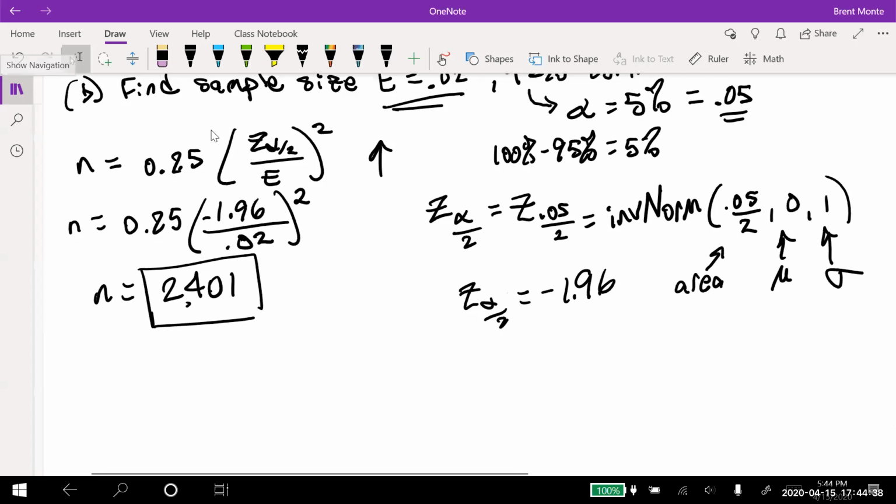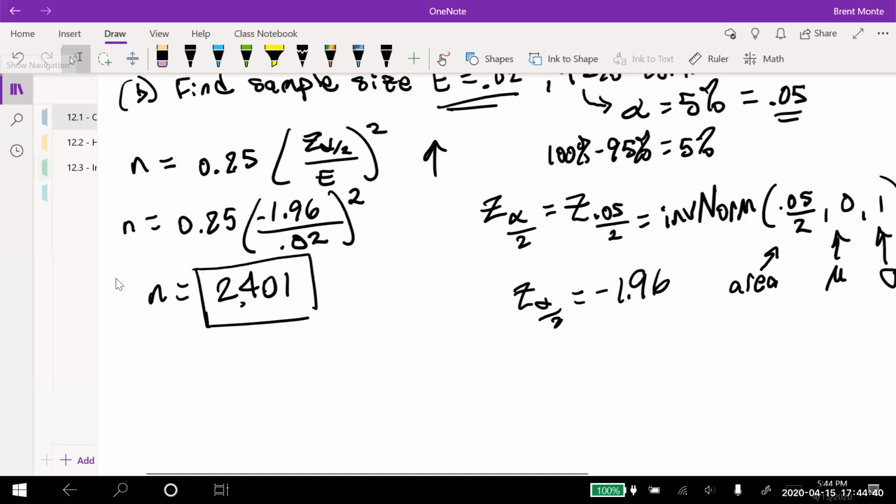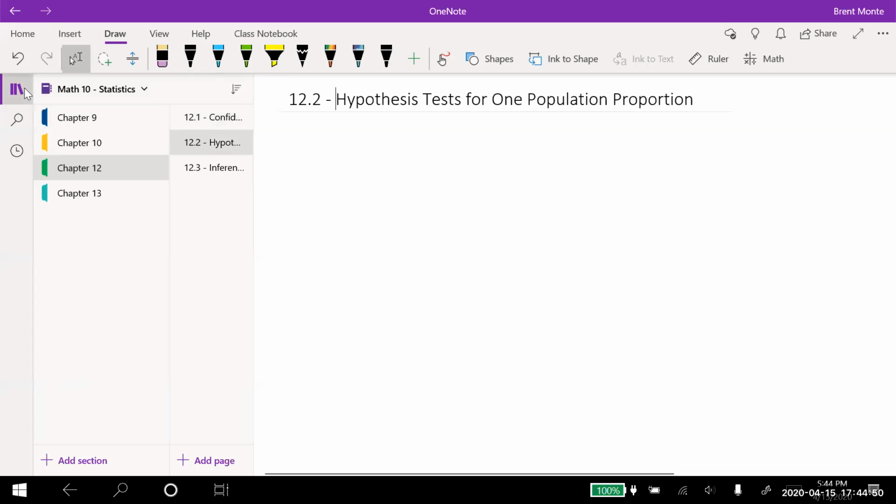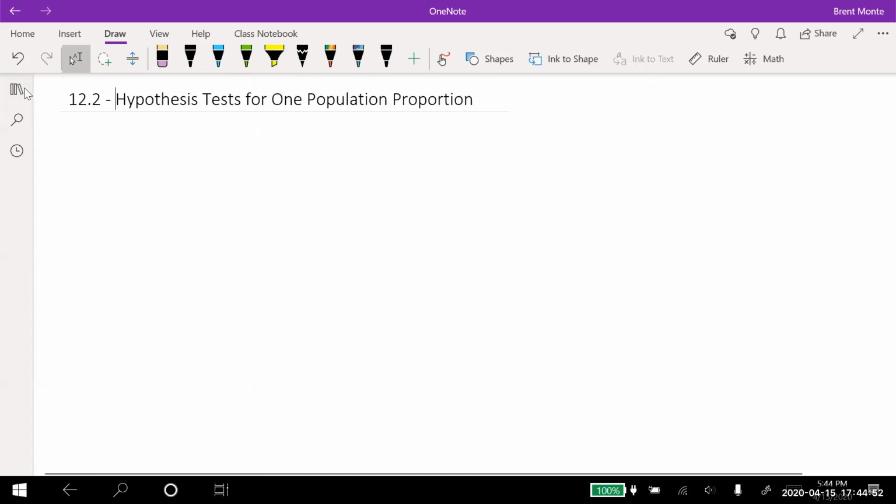So let's jump over here. We'll go to 12.2. Hypothesis test for one population proportion. Excuse me. So we still have most of what we had before.